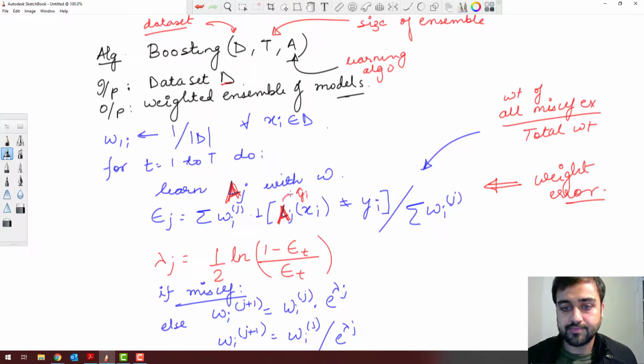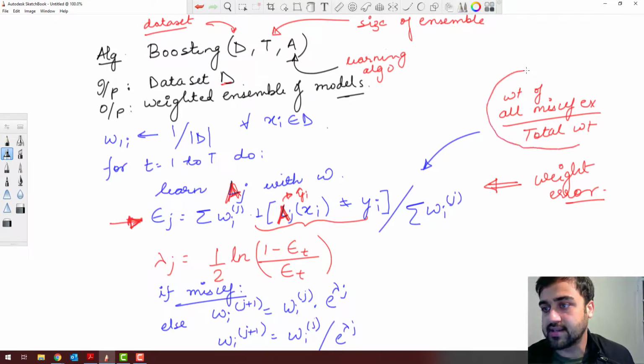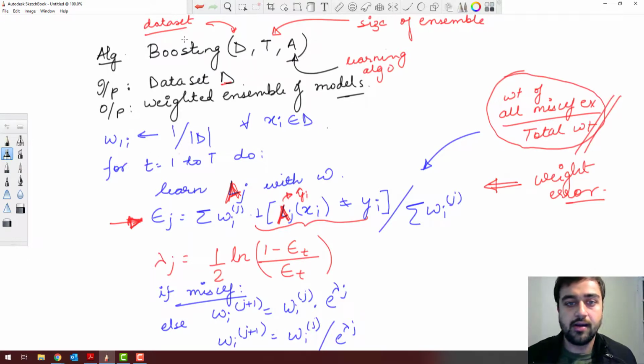This would be 0 if it is correctly classified, but if it's misclassified, it would be equal to 1, hence leading to the addition of the misclassified examples' weight. So this term is nothing but the weight of all misclassified examples upon the total weight for a particular learning algorithm or model, right?